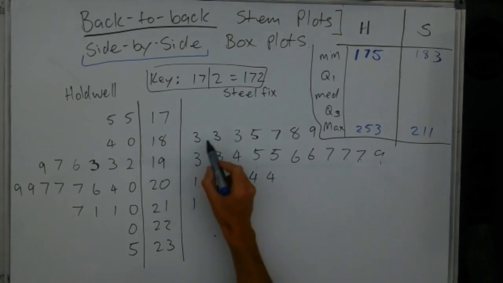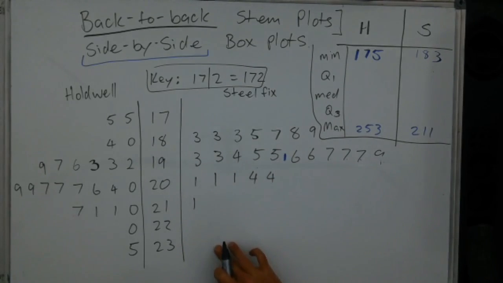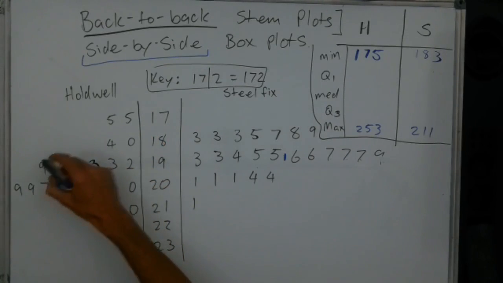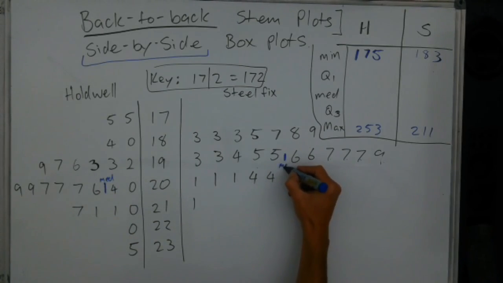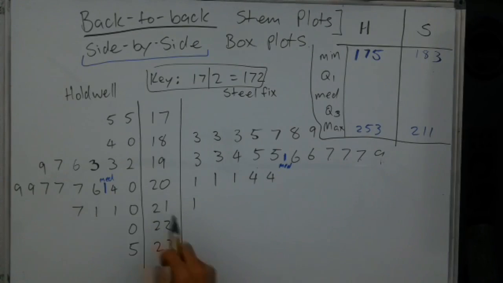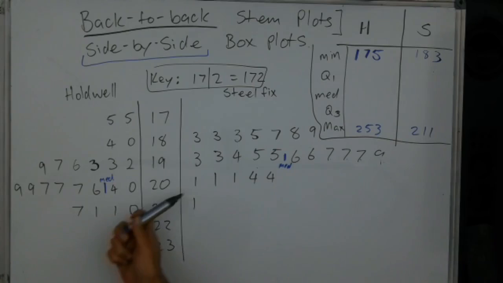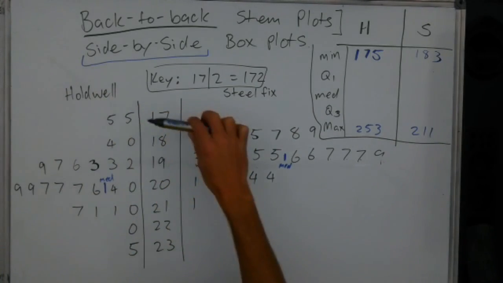So 1, 2, 3, 4, 5, 6, 7, 8, 9, 10, 11, 12. So our median is there. And over here, 1, 2, 3, 4, 5, 6, 7, 8, 9, 10, 11, 12. So our median is there. So don't get confused. This one, the numbers get bigger going that way. On the mirror side, you've got a count going that way.